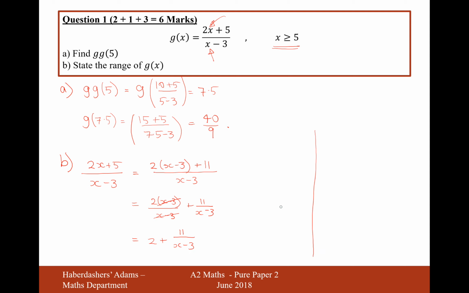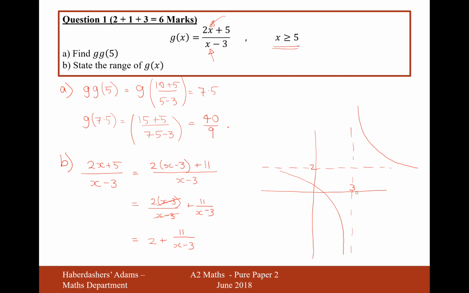So what this now allows us to do is draw the graph of g of x. It's going to be moved up by 2, it's going to be moved right by 3, and it's going to be a positive 1 over x or 11 over x type shaped graph. So the graph of g of x looks something like this, where we have asymptotes at x equals 3 and y equals 2.